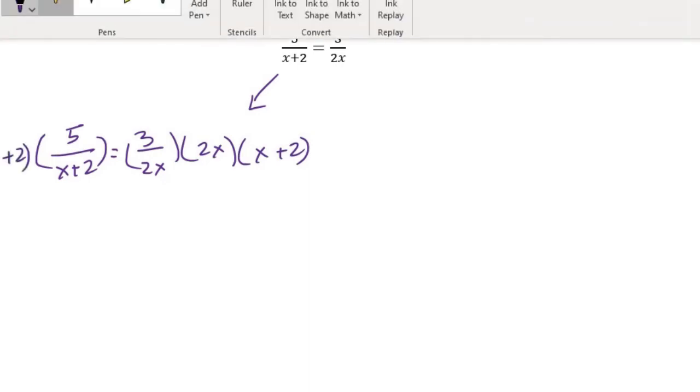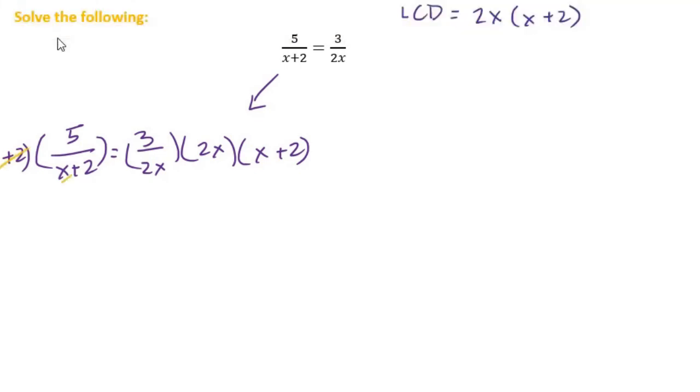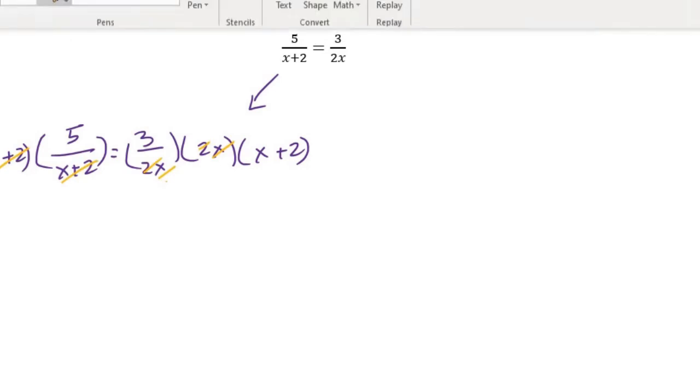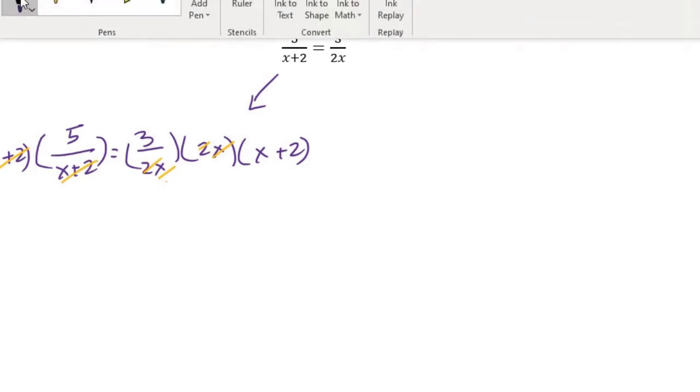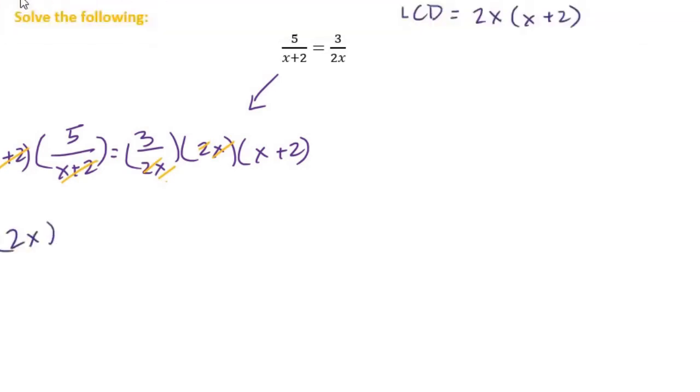All right, let's simplify. On the left, the x plus 2's cancel, and on the right, the 2's and the x's will cancel. So on the left-hand side, we're left with 2x times 5, so 10x. And on the right-hand side, by 3 times x plus 2, so by 3 times x plus 2. I'm going to pause there and show you a different method.